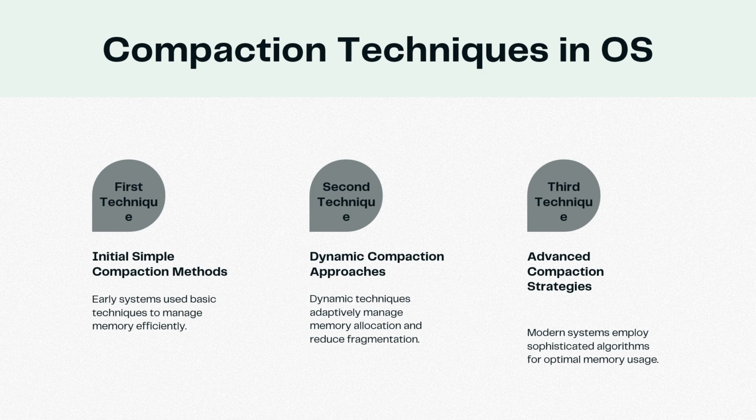Technique 2 is relocation with pointer updates. A more advanced method involves relocating memory blocks and updating all their associated pointers and references. This means every time a block is moved, the system must go through and adjust every variable, data structure, or address that points to the block.